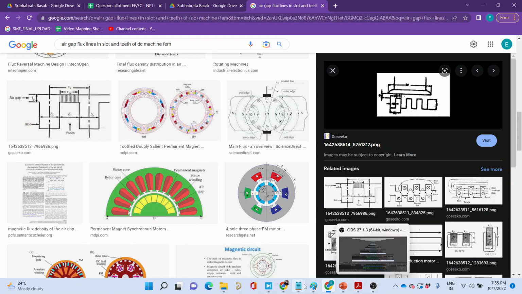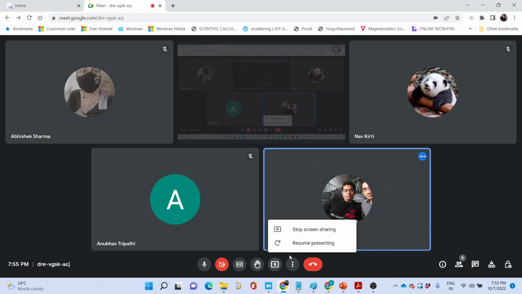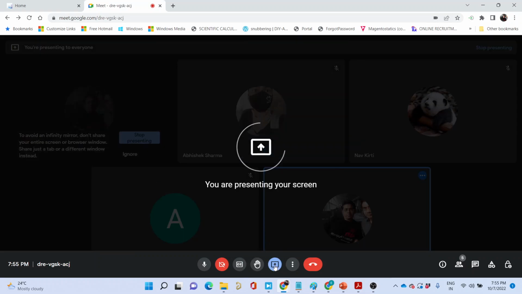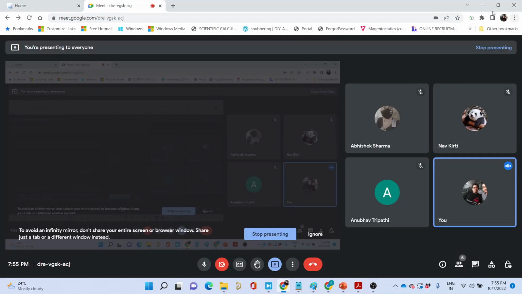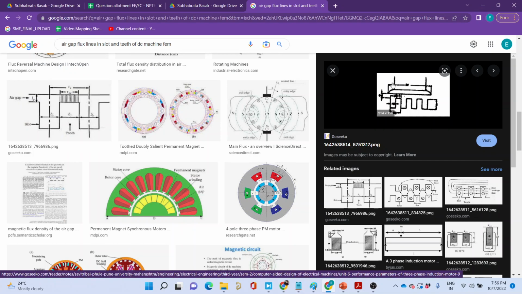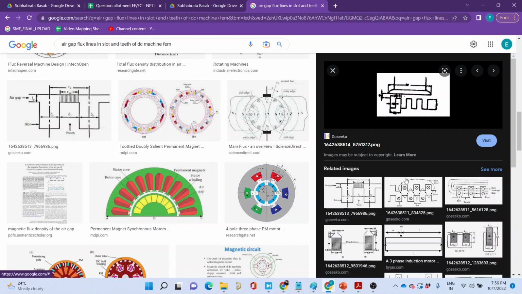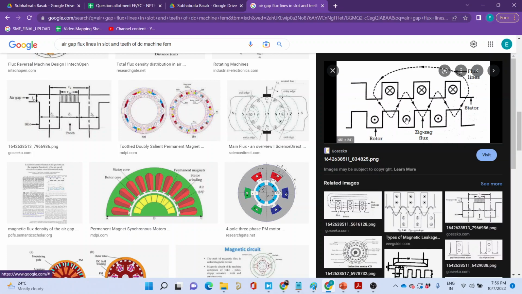Okay, you see this picture. Can you see this picture? You see there is only one pole, and below that there are slots. And in these slots there will be conductors placed, just like this. You see these slots, and there are conductors placed on it.